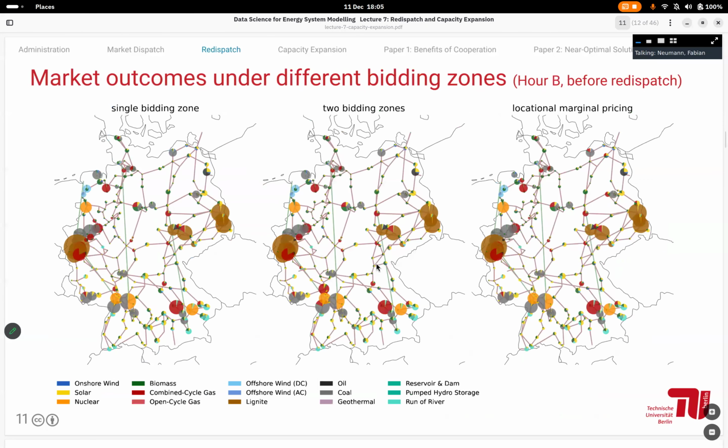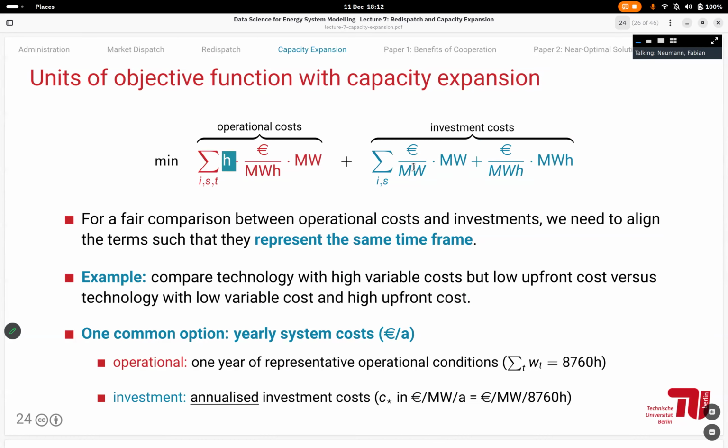You make sure that the red part and the blue part represent costs that cover the same time frame, so that you have a way to compare a technology that has maybe high variable cost but low upfront cost to technologies with low variable cost and high upfront costs. So the common way here would be to look at yearly system costs, where your weights sum up to 8,760, and your investments are so-called annualized investment costs.